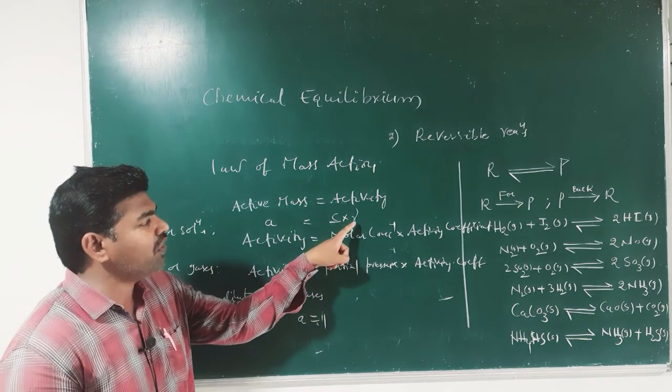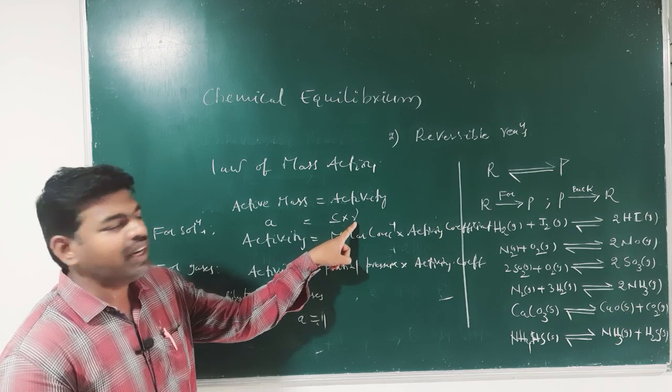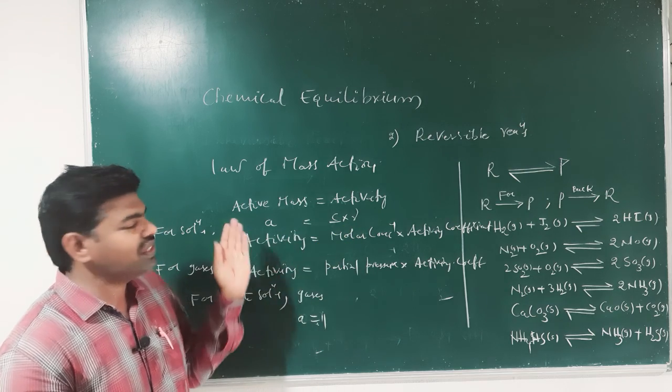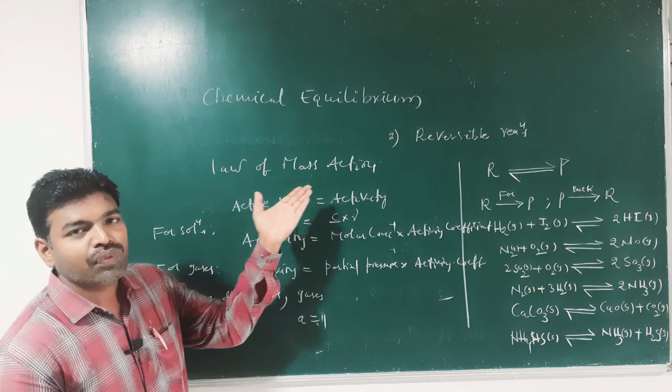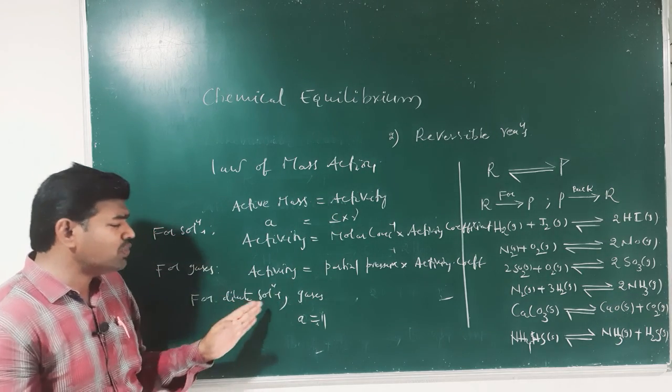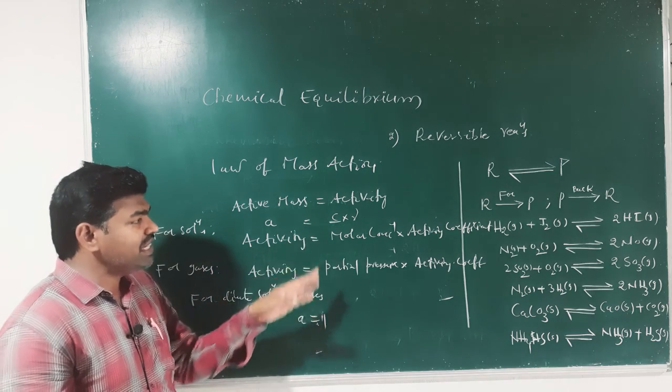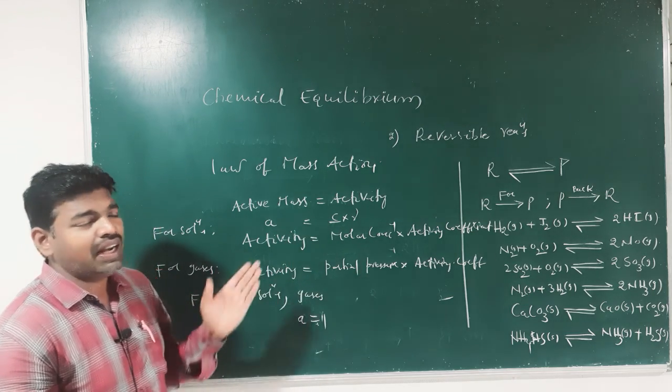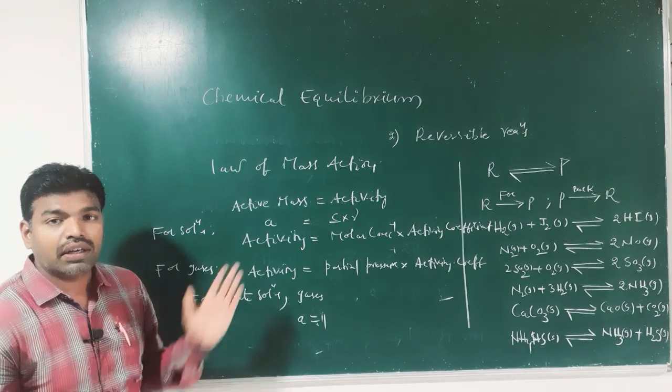If the activity coefficient is equal to 1, then A is equal to C, activity is equal to actual concentration.